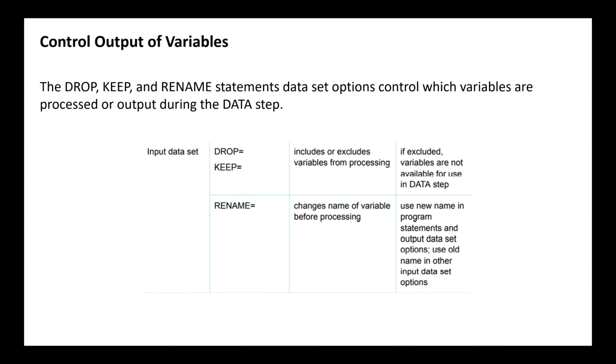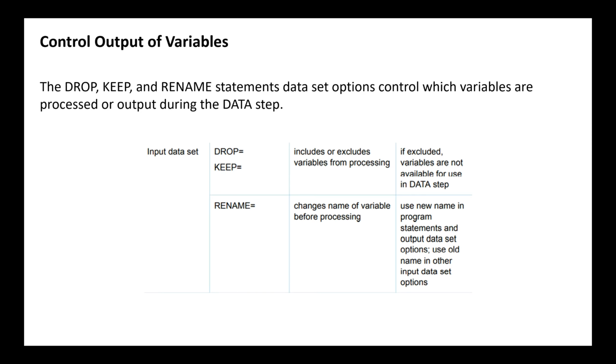Welcome to this section of the course. In this section, we are going to be looking into how we can control which variables we see in the output during a data step. SAS provides us with statements such as drop, keep, or rename.